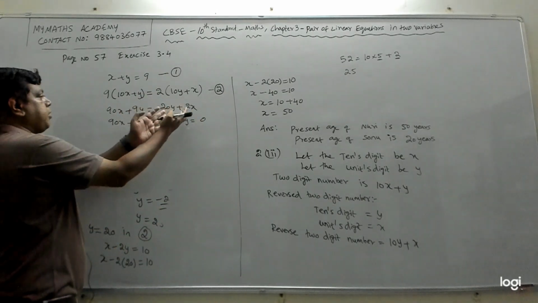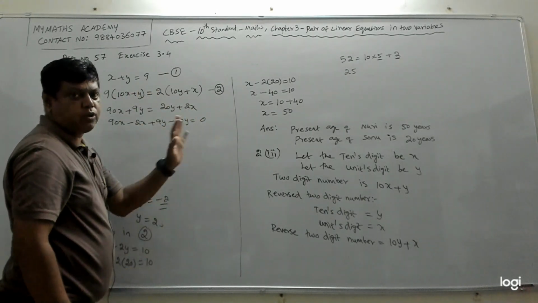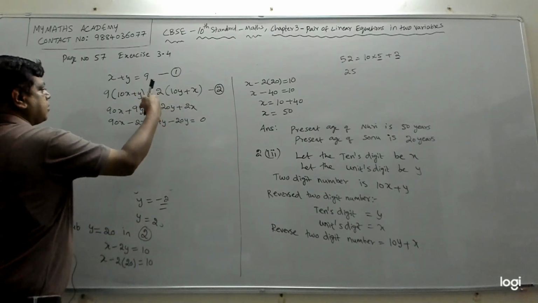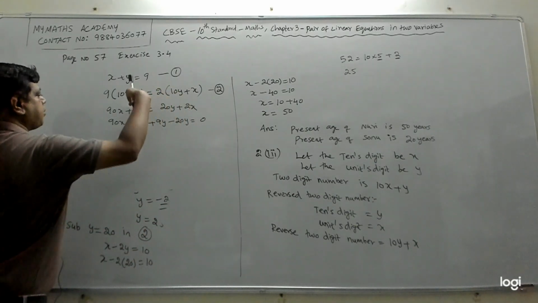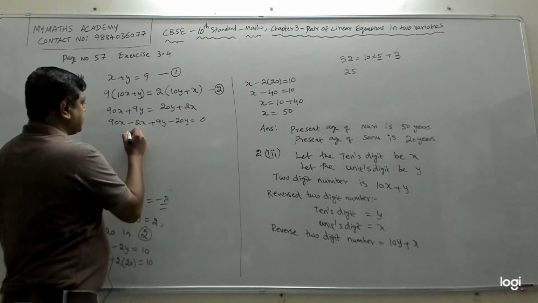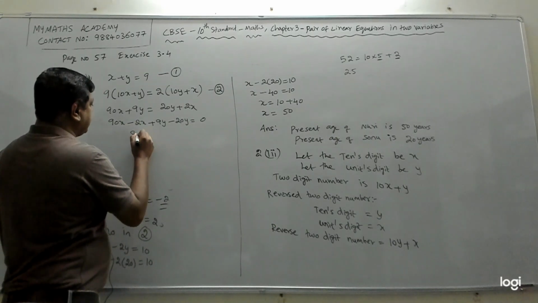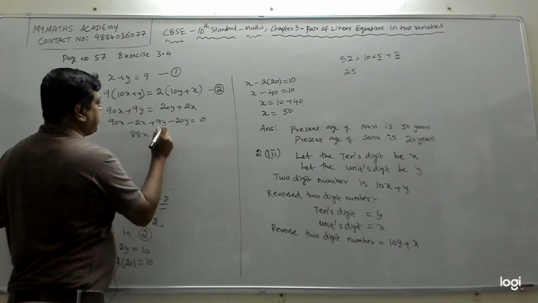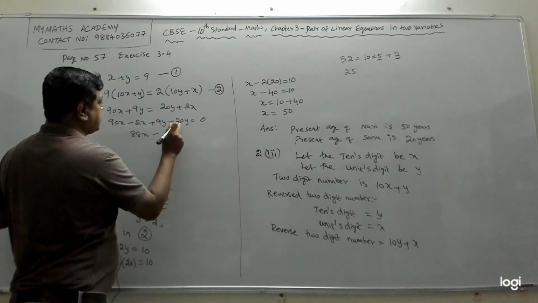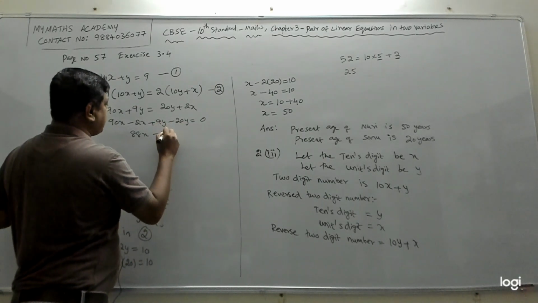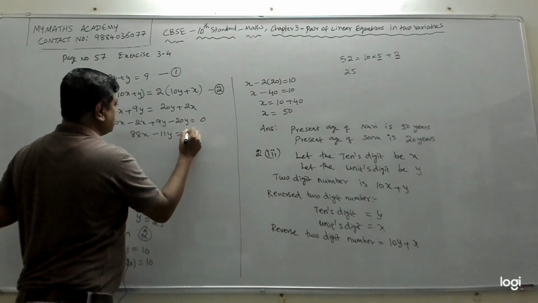Now the right side will have 0, I have moved everything. Now 90x minus 2x is 88x, and 20 minus 9 is 11y, equal to 0.